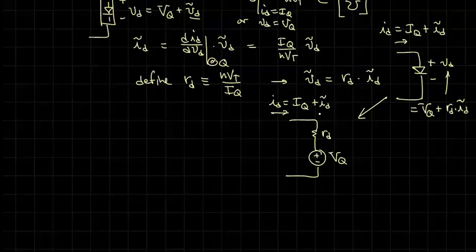What we really want across here is VQ plus little RD times little ID. In order for that voltage to appear, what we want is RD times little ID across the resistance term. But we have more than the little ID current flowing. We have big IQ. So we'll put in this current right here, big IQ.